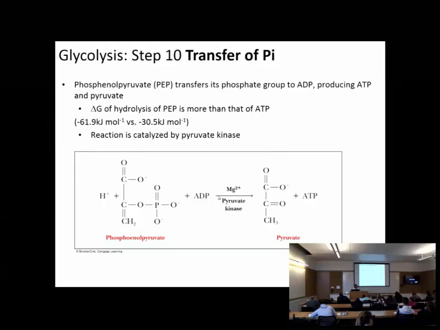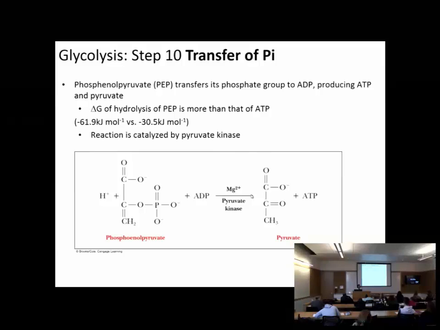Single arrow. Why do you think there's a single arrow here? Look at the difference. How much energy are we giving off? Lots. 30.5 kilojoules, or 30 something. I can't do that math in my head. A lot. All right? It's a lot of energy.